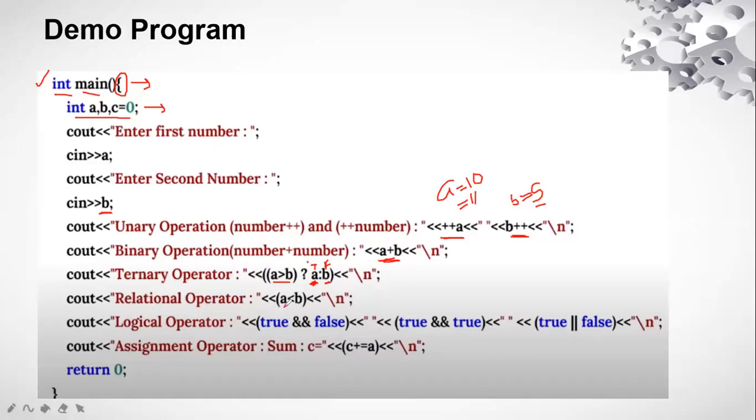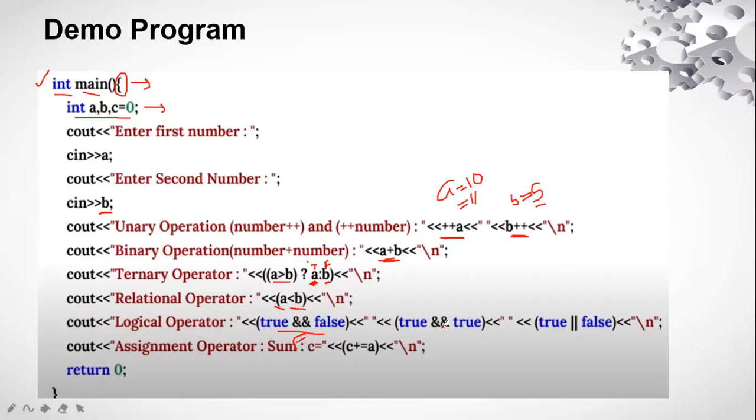Next is the relational operator. With it I am finding the relation between the two operands, that is a and b, for example whether a is less than b or not. Next one is the logical operator. See, logical operators give true and false. In the AND condition, both operands should be true, only then I'll get true, else I'll get false. Here one is true and one is false, so I'll get false.